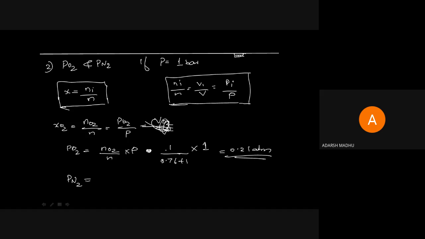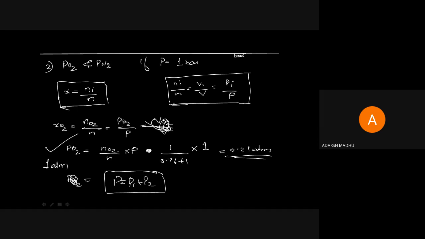We can find the value by the same method, but there is another, very simple method to find PN2. As I said, the total pressure is 1 atmosphere. According to Dalton's law of partial pressure, the total pressure is P1 plus P2. Here only two constituents are there, nitrogen and oxygen.